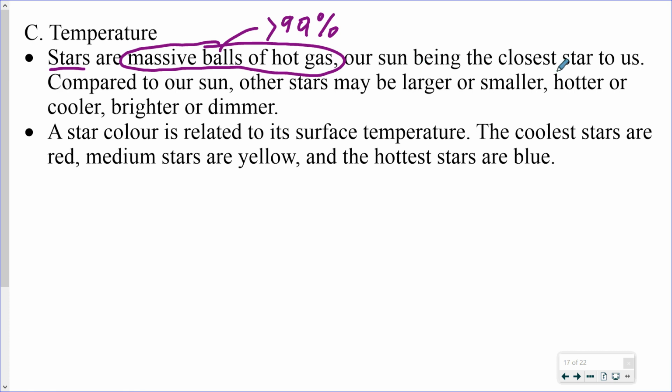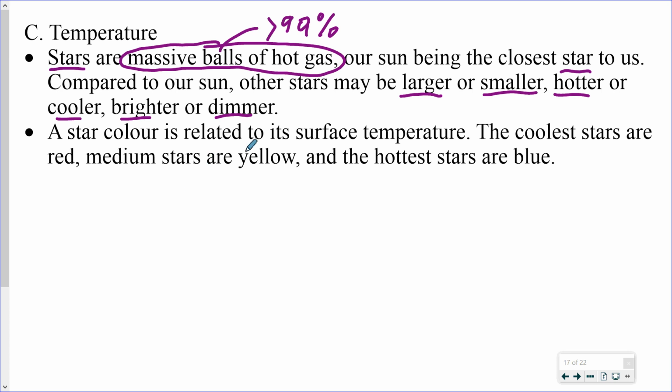It's the closest star. It is a star to us. Compared to other stars, though, some stars are bigger, some are smaller, some are hotter, some are cooler, some are brighter, some are dimmer. So ours is kind of an average star by all accounts. And it's also referred to as a main sequence star. We'll see a graph of that shortly as well.